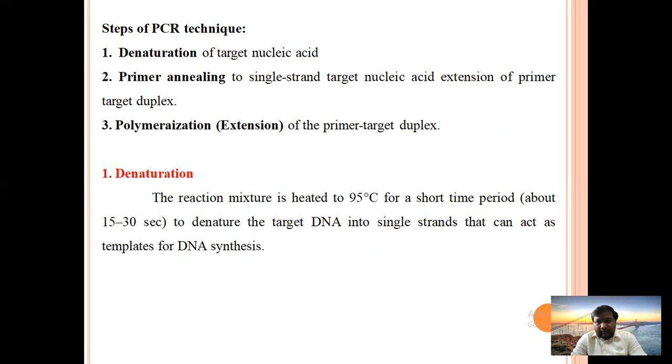In this first step, the two strands are separated with the help of high temperature. Due to this high temperature, the hydrogen bonds between the two strands break and the two strands get separated.